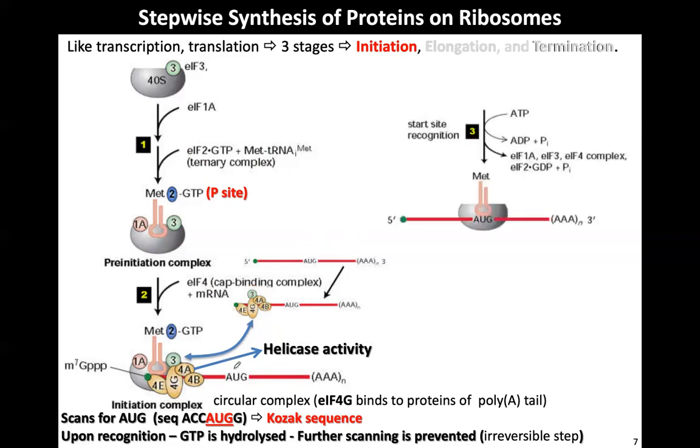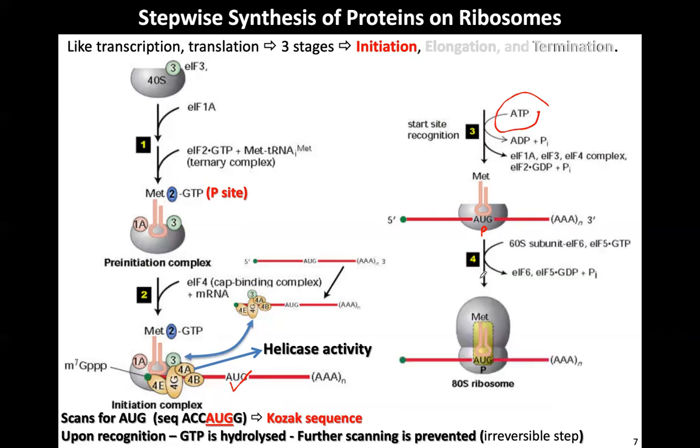So as you can see now, this whole initiation complex, after it has been formed and the AUG has been recognized, all the factors, with the use of ATP, will be released, and only the transfer RNAi with methionine, which exists at the P site, sits on the AUG codon of the messenger RNA, and now it is ready to proceed into translation.